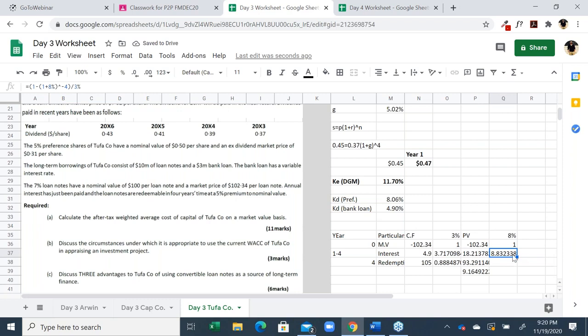Okay, mistake. And we have to have 8% here in the denominator as well.